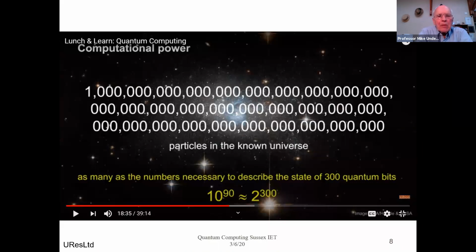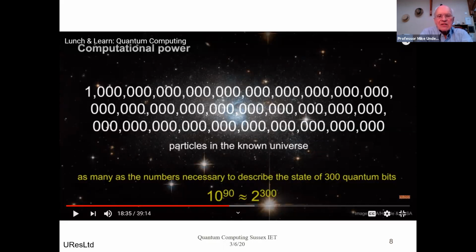So, computational power. There is that number, which I think is 10 to the 90. He claimed it was the number of particles in the known universe, though I haven't counted them myself. That is as many as the numbers necessary to describe the state of 300 quantum bits. We'll see the sums on that.